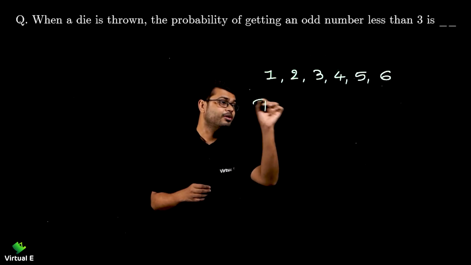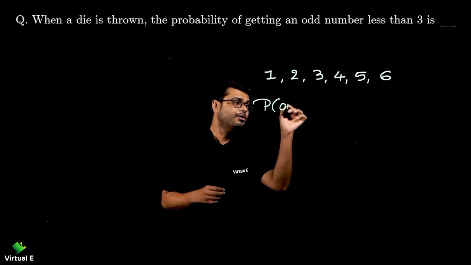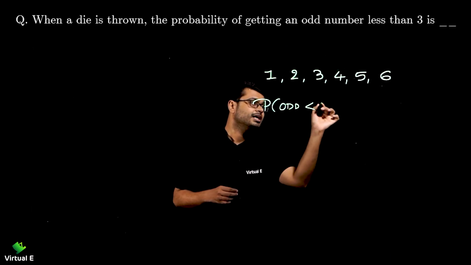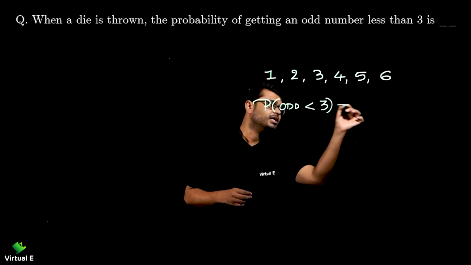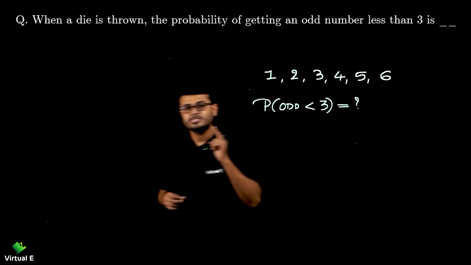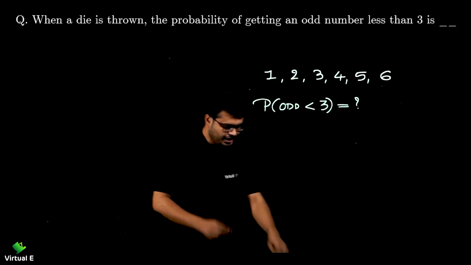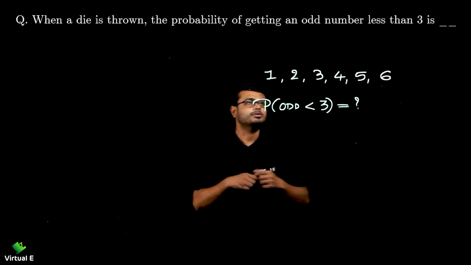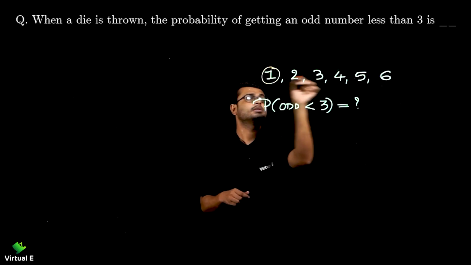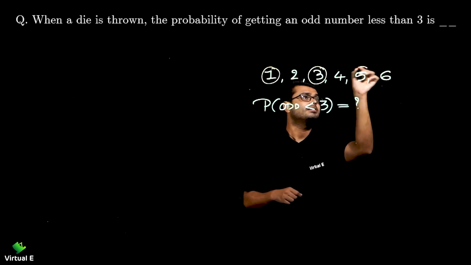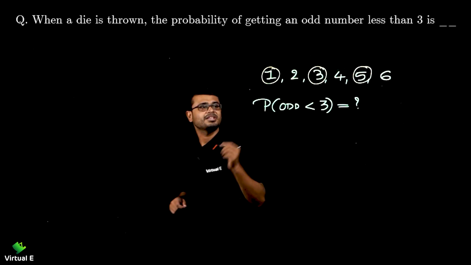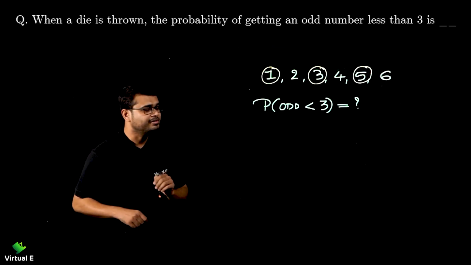We want to find the probability of getting an odd number which is less than 3. See carefully, conditions are given. First of all, we need to get the odd number like we discussed previously. There are 3 odd numbers over here when we talk about the dice, which are 1, 3 and 5.